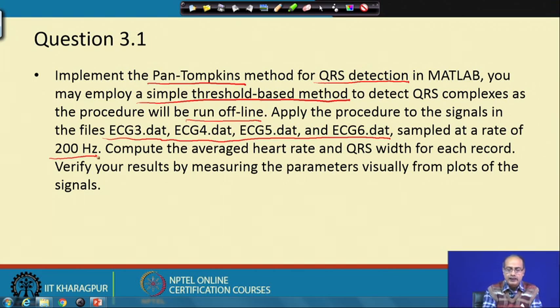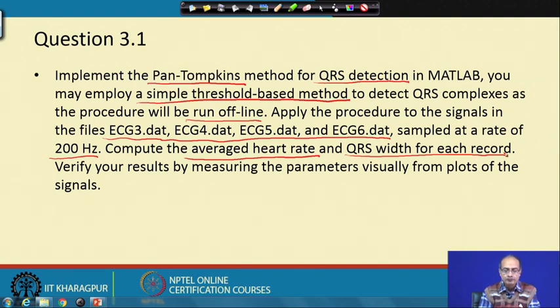Using that, the Pan-Tompkins algorithm will find the QRS complexes, and from there we have to find out the average heart rate for the different cases and the QRS width of each of these records. The average QRS width also comes as a good parameter to know how the QRS complexes are, whether they are normal or not.